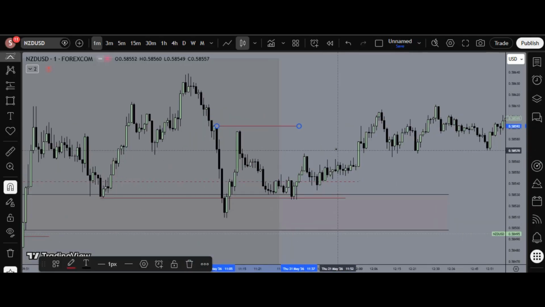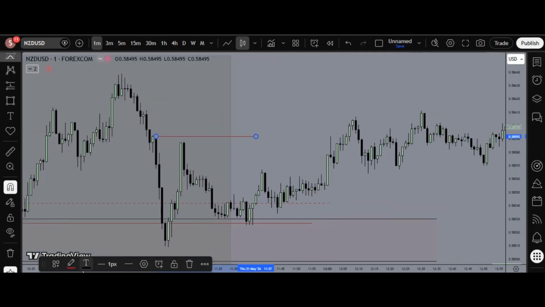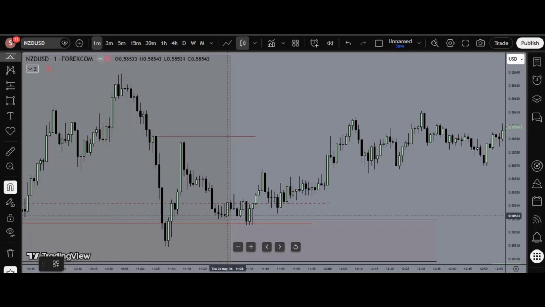Price came down. So all I want to see is a sweep and a change in state of delivery. Now price came and swept this and gave us a change in state of delivery. And remember, I told you that our entry is what? Breaker. Attached to every change in state of delivery, there is a breaker. So this breaker here is our entry.